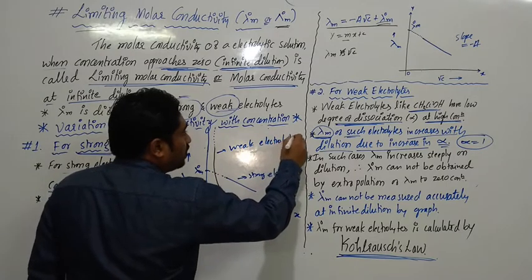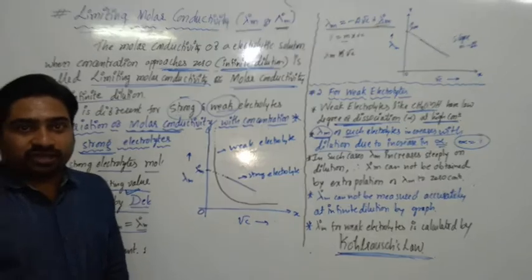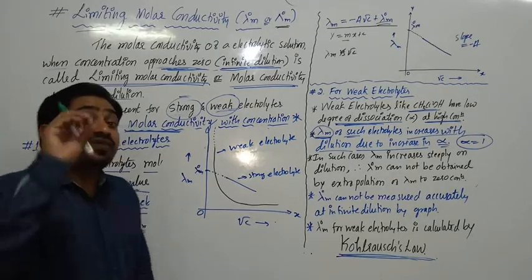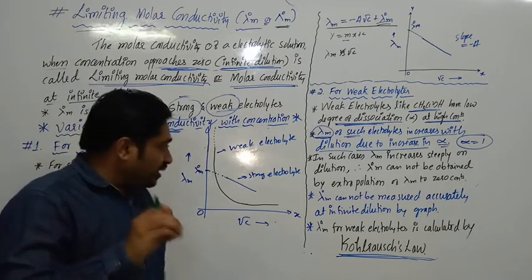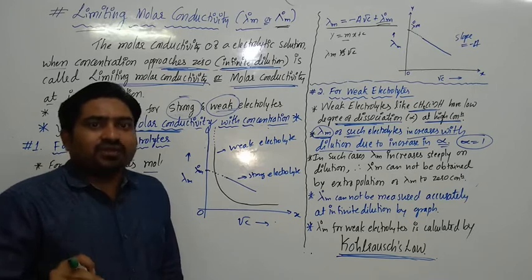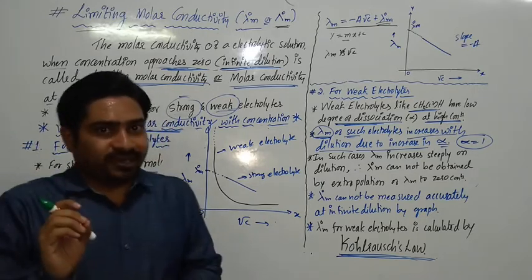Weak electrolyte. So here at infinite dilution, however the dissociation is complete, the value of lambda m, the value of molar conductance is very much less. We cannot calculate or determine it accurately.